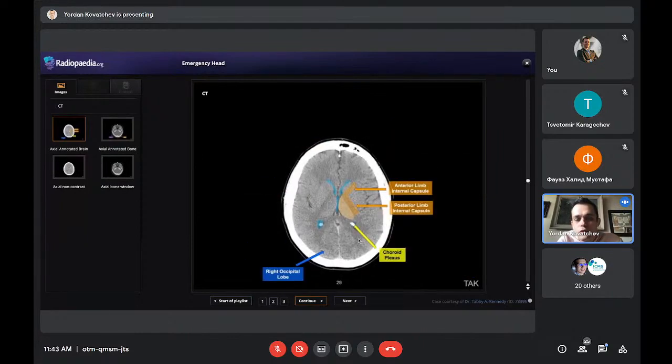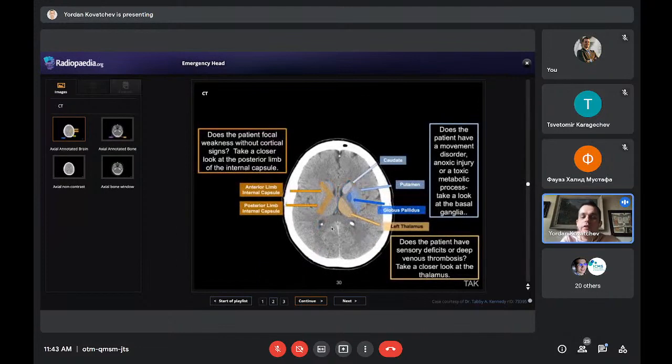We go up. The rest there of the basal systems, different parts of the ventricles. But what I really want you to focus on now is the basal ganglia. Almost all the cases that I will show you now are connected to the basal ganglia. As you know, in this area, there is white and gray matter. The internal capsule is made out of white matter, and the basal ganglia are subcortical gray matter, because, you know, the gray matter is usually on the cortex, but there are also areas inside the brain where we have gray matter, and the ones that are really important to us are the basal ganglia.